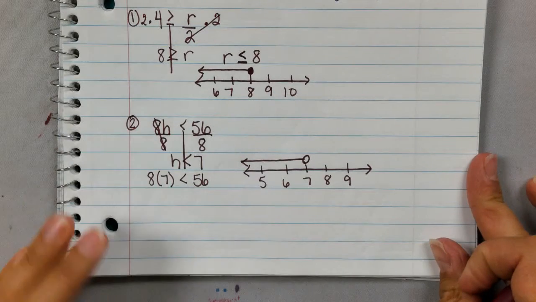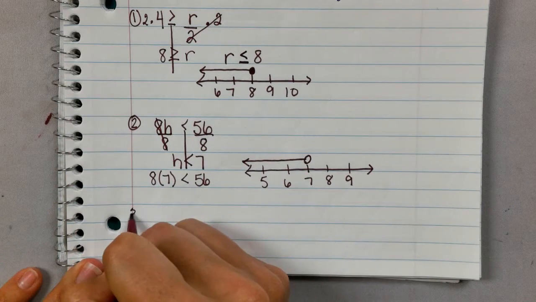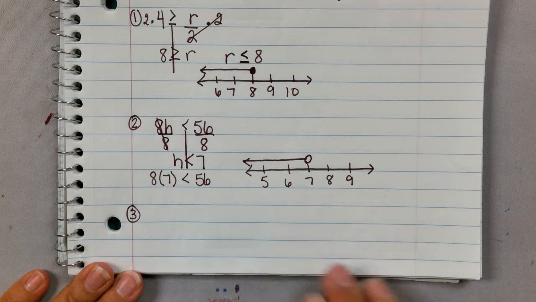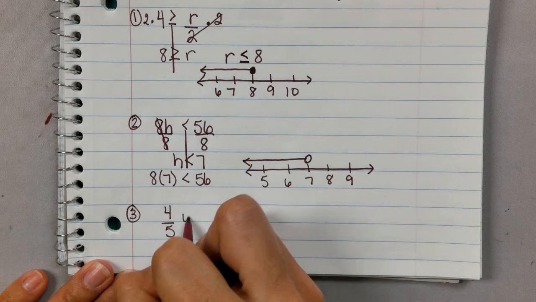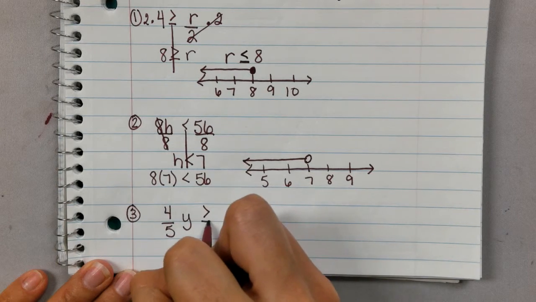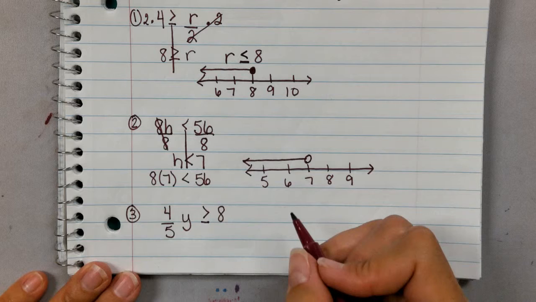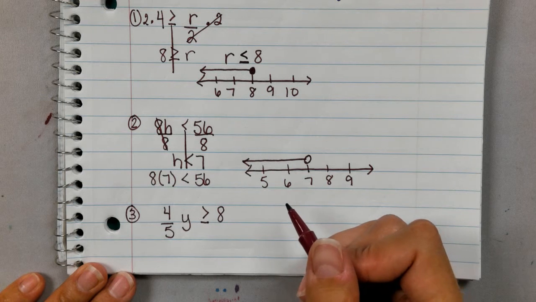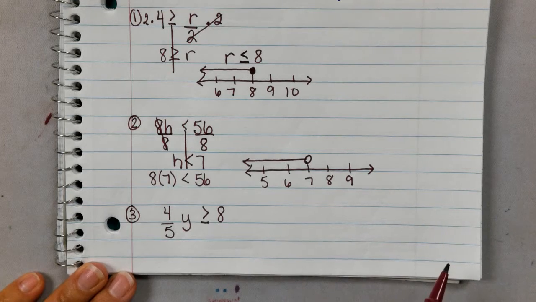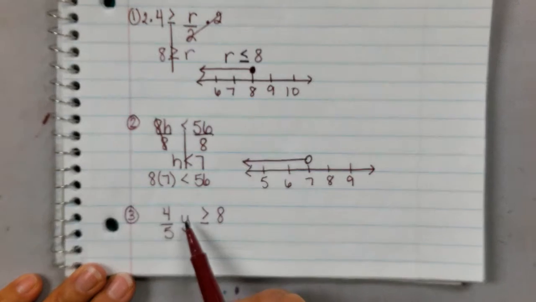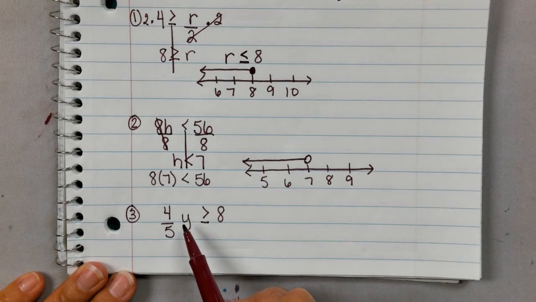So, third example. Here's where it's going to get a little tricky. Let's do a fraction. So 4/5 times y is greater than or equal to 8. Remember the rule with fractions. If you have to divide, all you do is flip and multiply. So right now, this is multiplication. The opposite of multiplying is dividing.